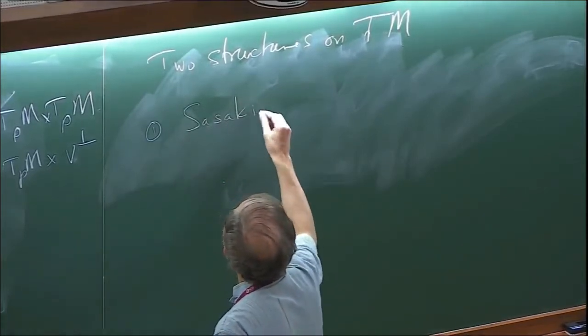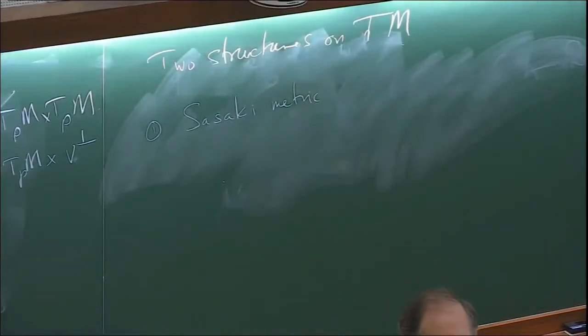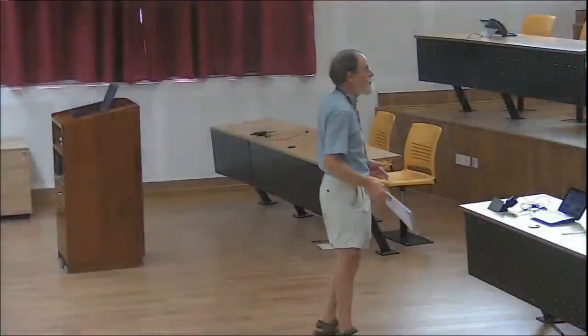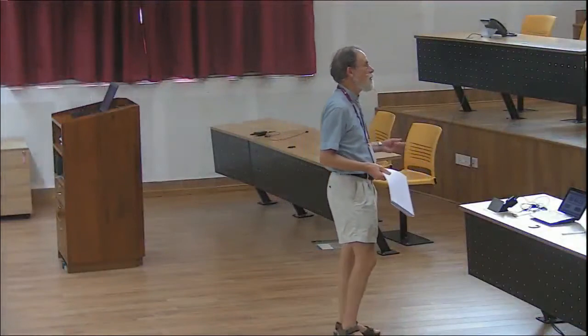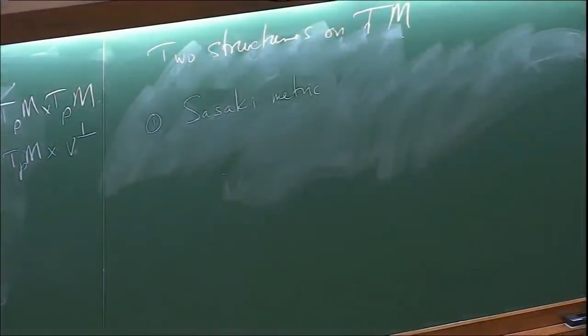It's often called the Sasaki metric. There's a Japanese mathematician called Sasaki who wrote several papers studying the properties of this metric, I think in the 1960s. I think the metric had probably already been used earlier, but he made a quite extensive study of it. And it's good to have some name for it.